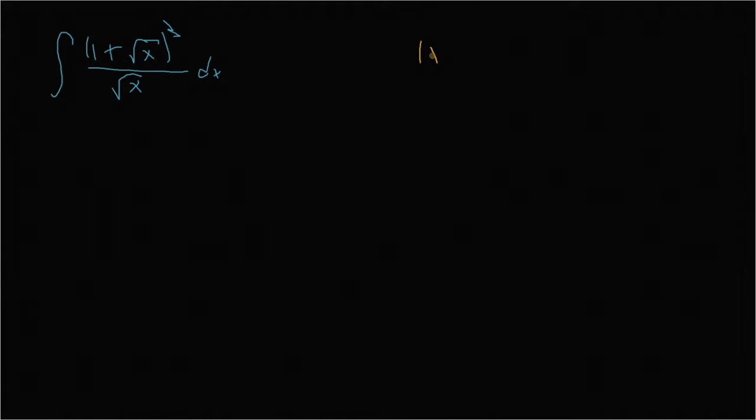So we're going to set 1 plus square root of x equal to u. We're going to say let u equal that, and we're going to say du is what? 1 over 2 square root x dx.